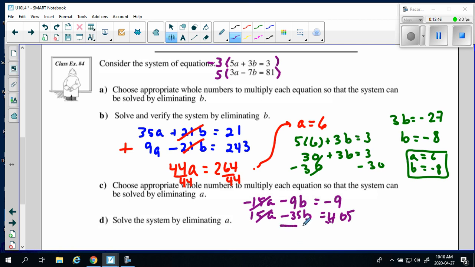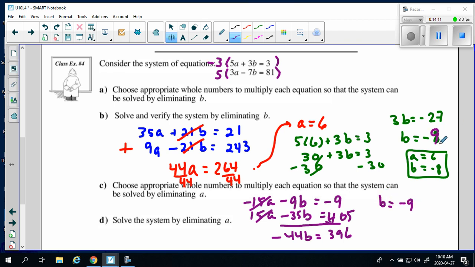So negative 44b is equal to 396. And if we divide both sides by negative 44, you're going to get B is equal to negative 9. Now I see that there was a mistake here.